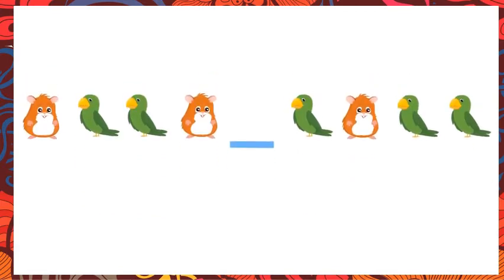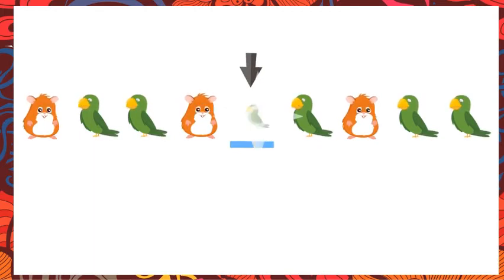Oh goodness, look at this series of creatures, these animals. The first is an interesting looking hamster, followed by two birds. Then there's a hamster, and then there's a mystery spot that we have to complete, and a bird, and then the hamster, and then two birds. That's pretty cool. Let's complete this pattern. Just by looking at this pattern, what do you think goes in this spot?